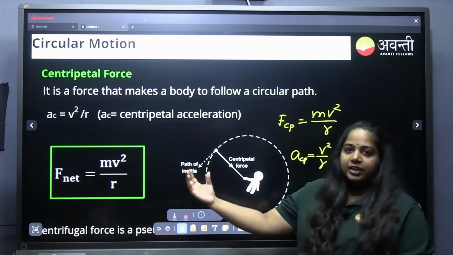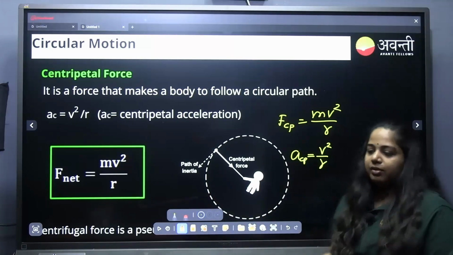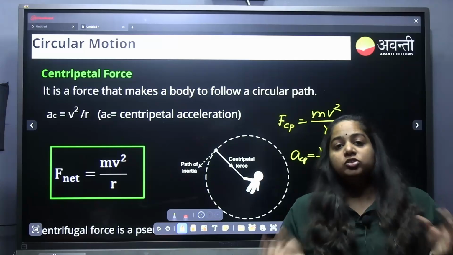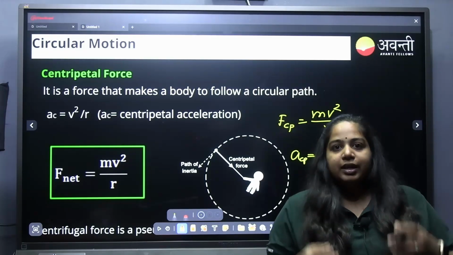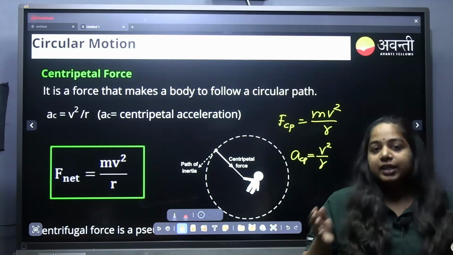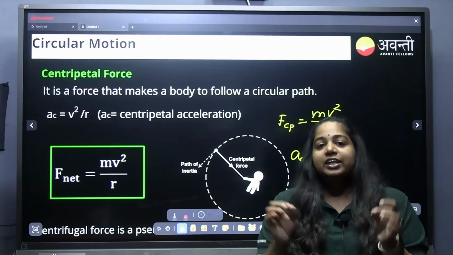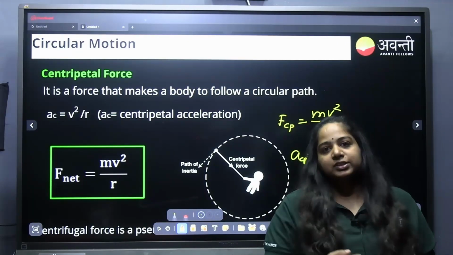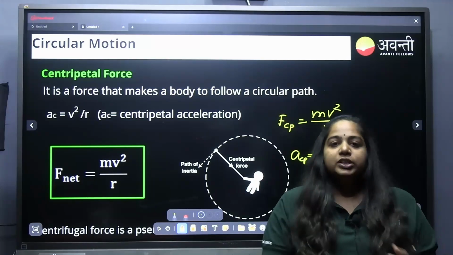Centripetal means acting towards the center. Here one major misconception is that there is no actual force called centripetal force, like gravitation or friction. They are actual forces. Centripetal is just the name we give to the force acting towards the center. That force can be gravitation.